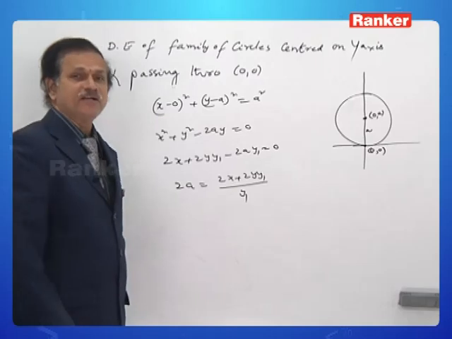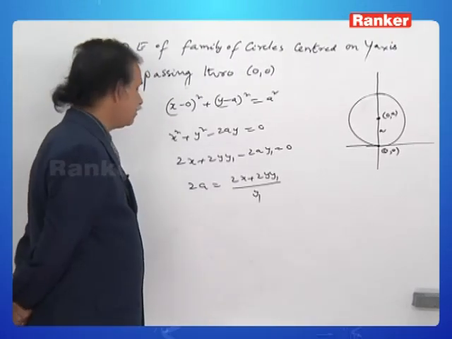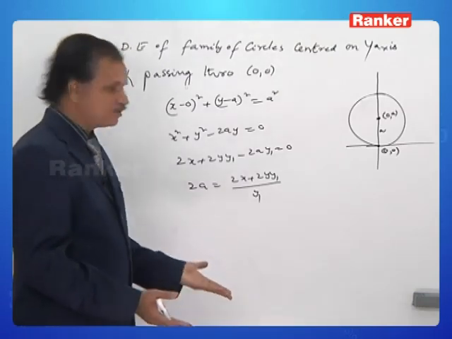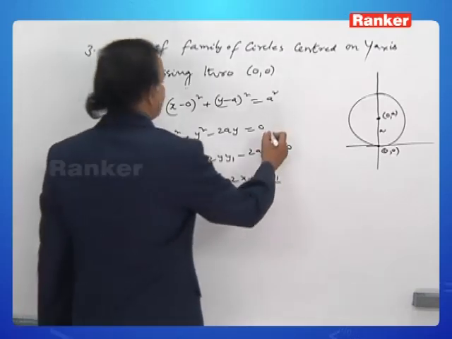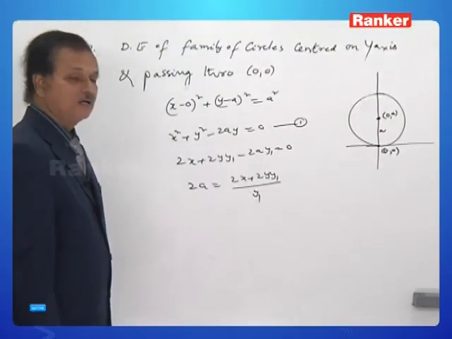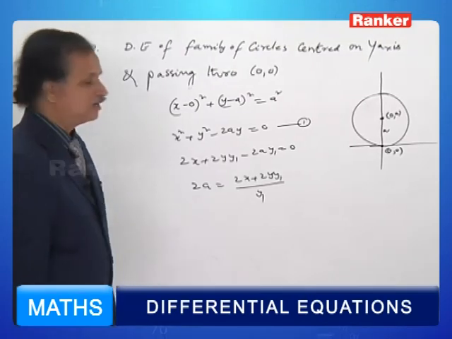I think you have collected the idea. Why should we get the value of 2a? Just to substitute in this equation, isn't it? Actually, in the differential equation, no arbitrary constants are supposed to remain.